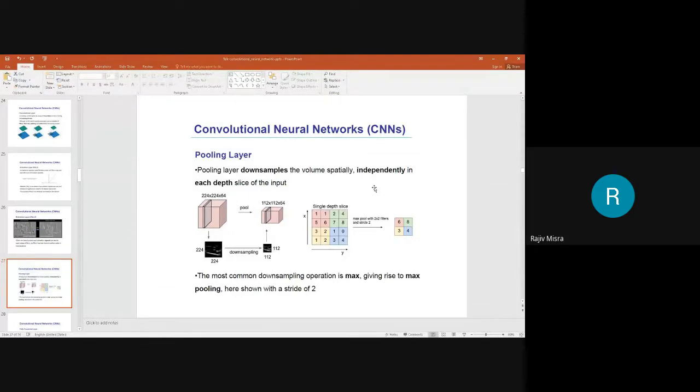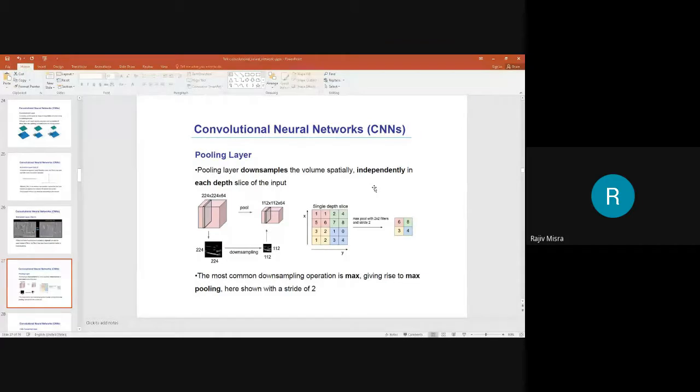Now after the convolutional layer and activation layer, you have another layer which is called the pooling layer. The pooling layer downsamples the volume spatially and independently in each depth slice of the input. Take this example of a 3-dimensional volume, 224 by 224 by 64. If you apply pooling, it will downsample the volume spatially and independently in the depth.